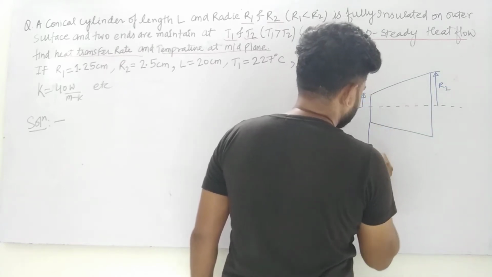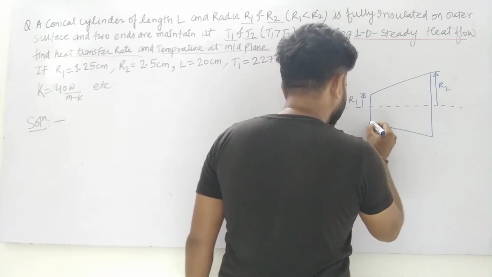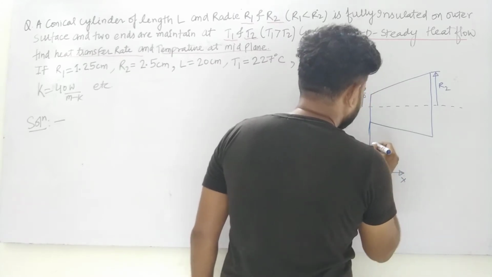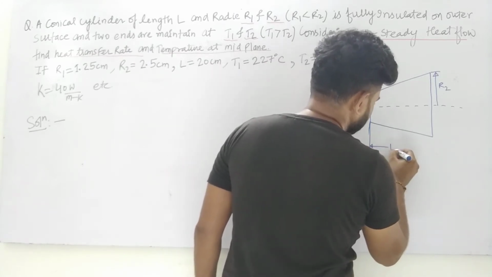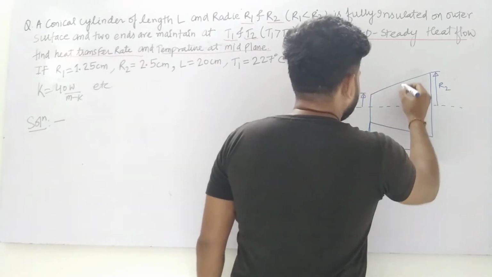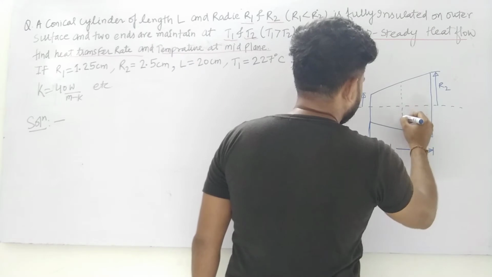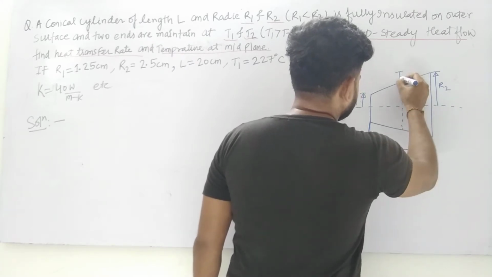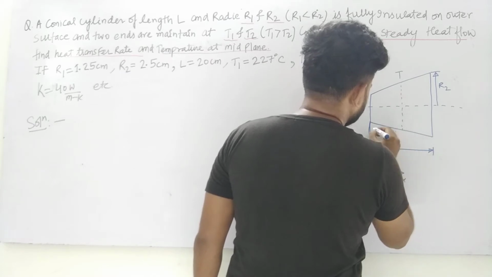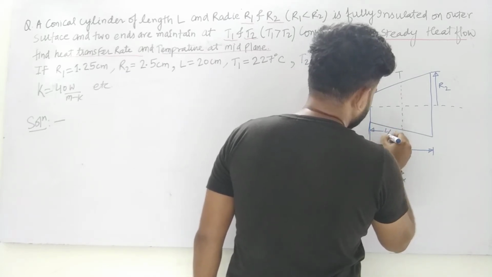And this is your X in this direction, and this is the length of that conical section. Now he is asking for the heat transfer and temperature at the midplane, that is at x equal to L by 2. So this will be your L by 2.